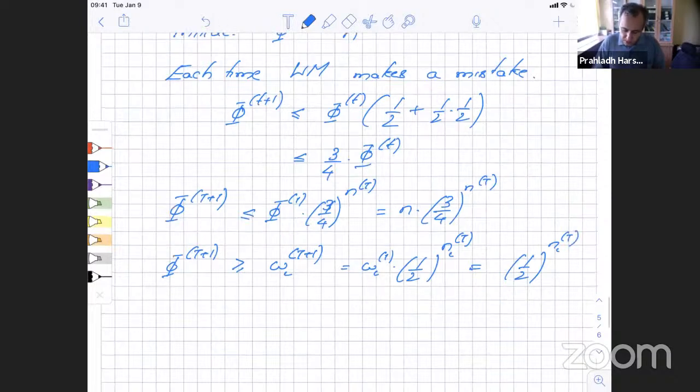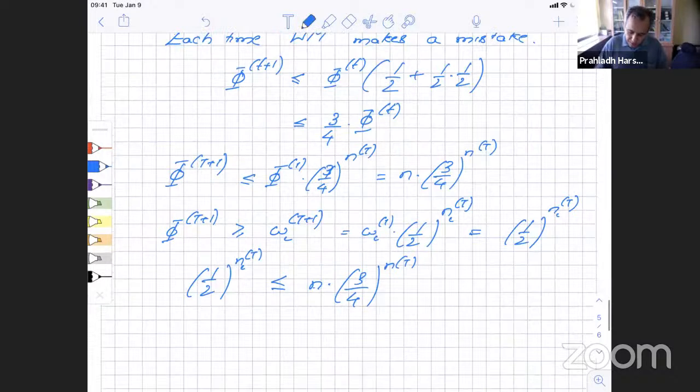Now you just put them together. Half to the power ni of t is less than or equal to n times 3/4 to the power of nt. Okay. Take logarithms, and what do you get? You get log 4/3 times nt minus log n is less than ni of t.